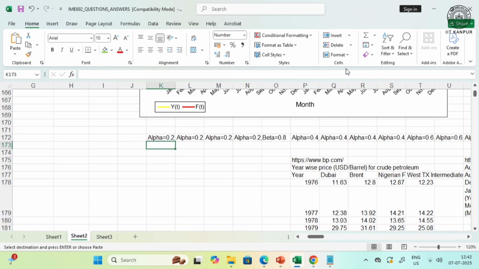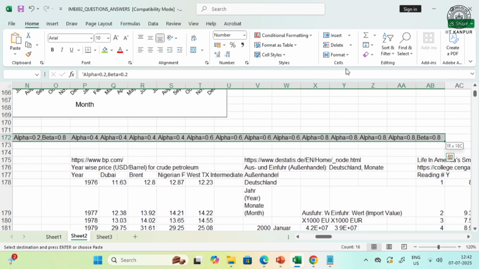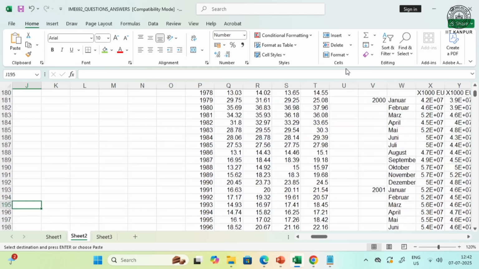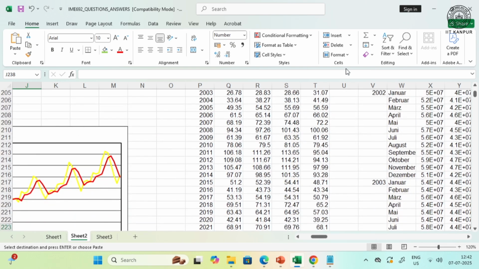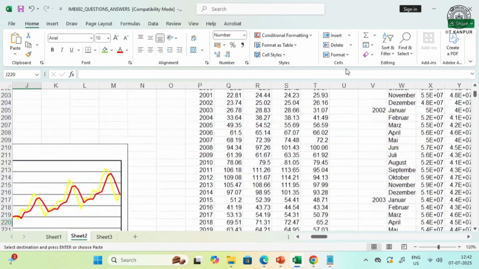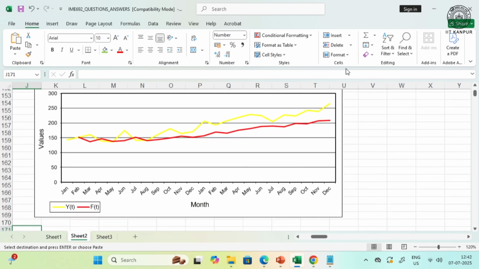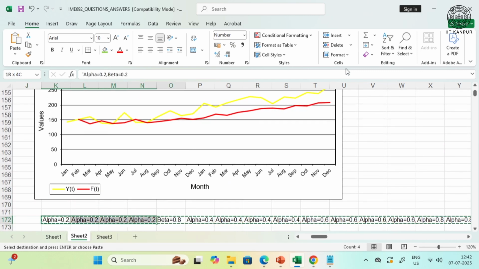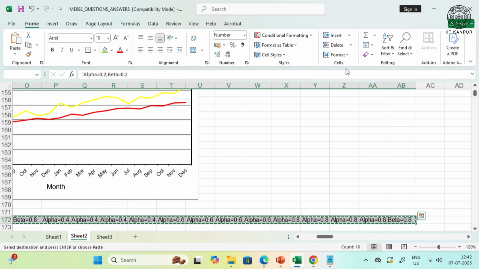I need to remove it because there are some other data. I'll go to the right because there are a lot of data in this, a lot of calculations. So once you check, you will understand.